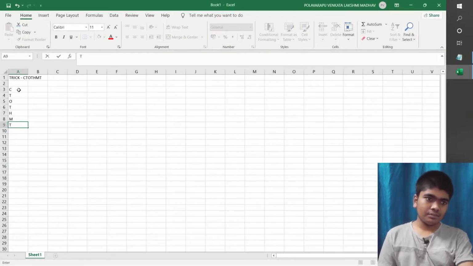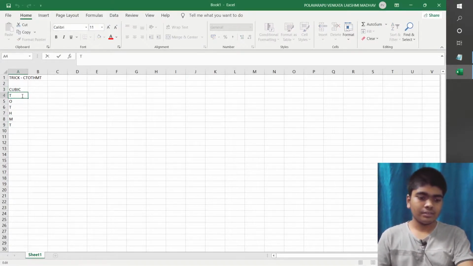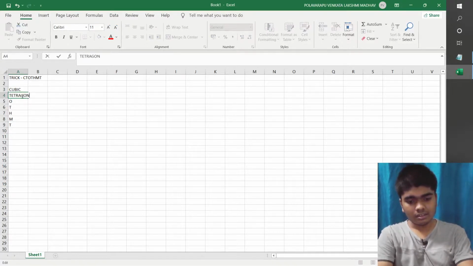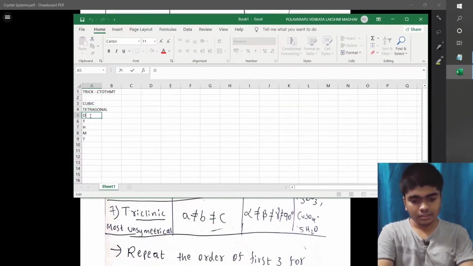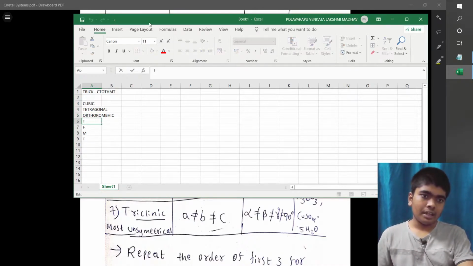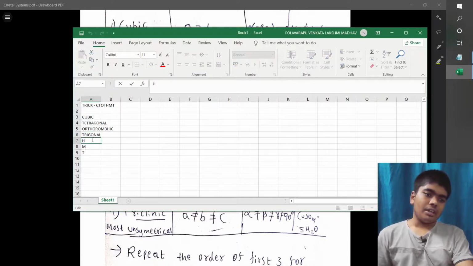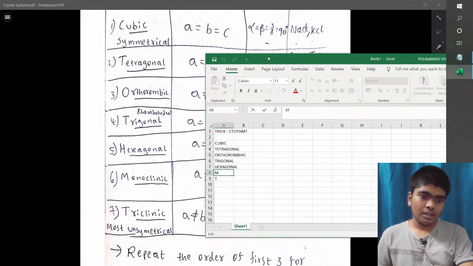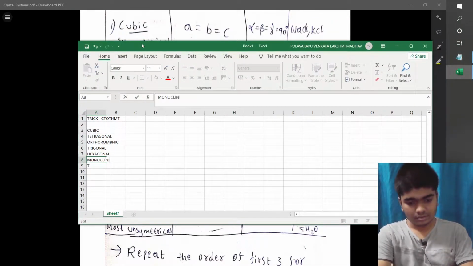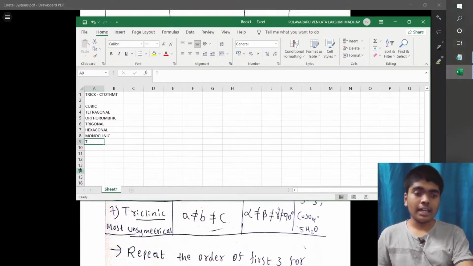C for cubic, T for tetragonal, O for orthorhombic, then T for trigonal, H for hexagonal, M for monoclinic, and then T for triclinic.